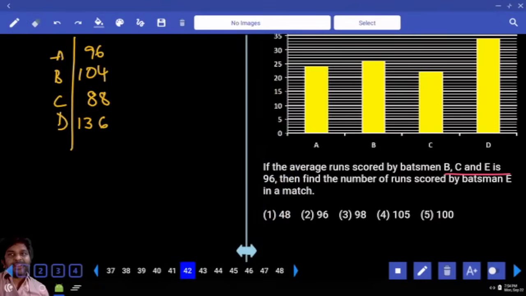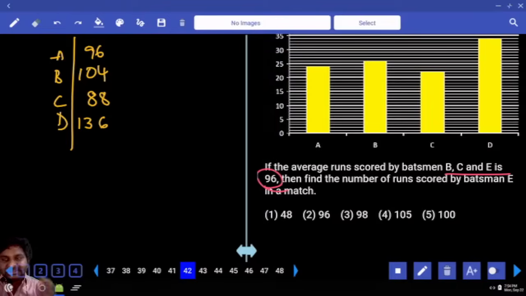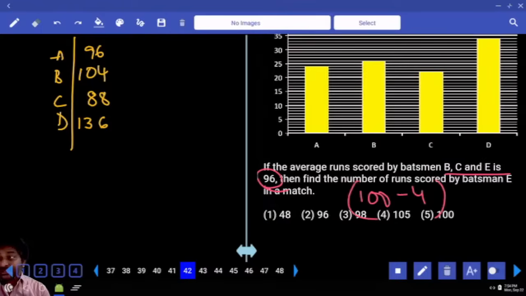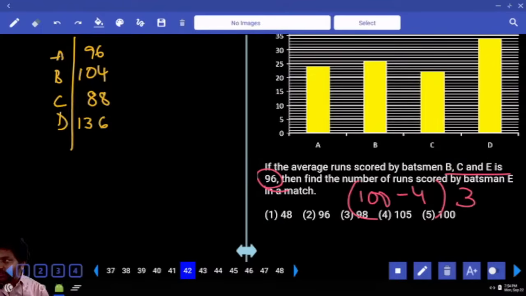B, C, E, 3 people are there. Their average is 96. When I see 96, I can see it as 100 minus 4 average. Then the sum will be 3 times of it. 300 minus 12, how much? 288. That is for B, C, E.